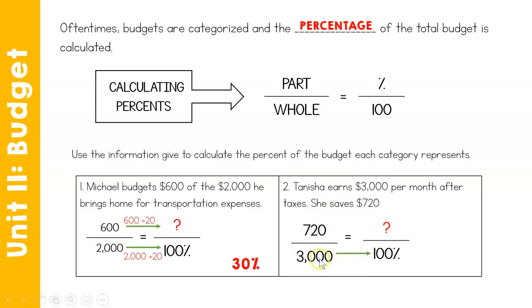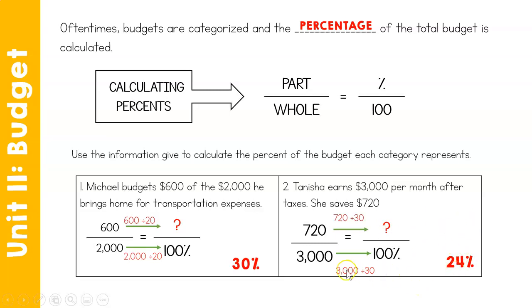So here we are going again from 3,000 to 100, and it's really similar to the last problem. So I'm going to take that 3,000 and divide it by 30 to get 100. And if I do this to the bottom, then I also need to do this to the top. So then I would take this 720 and divide it by 30, and I would get 24%.